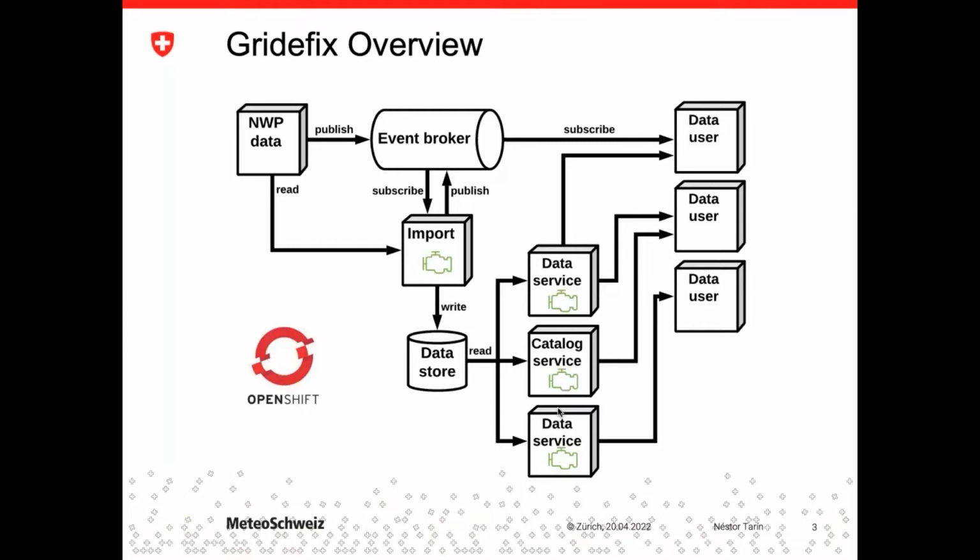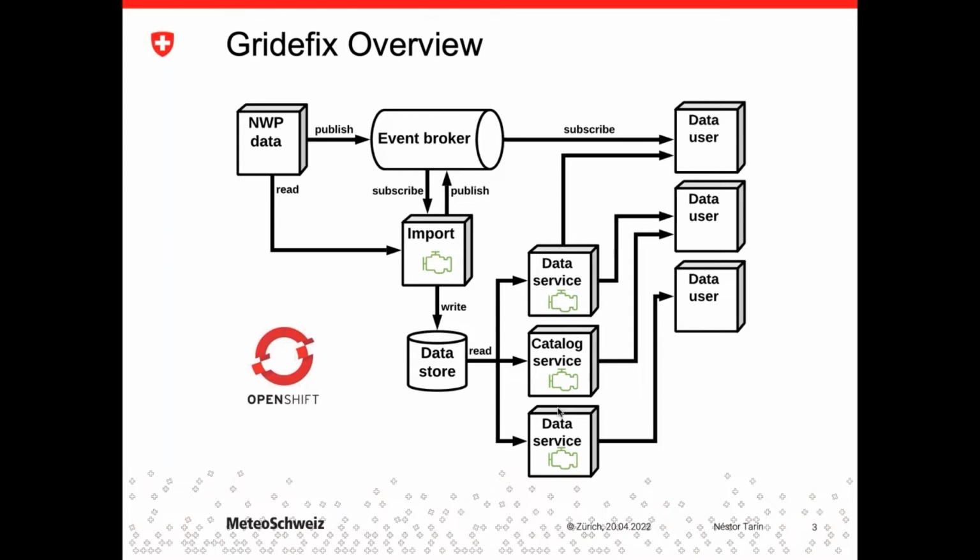This is a big overview of all the components involved in such a journey. We are event-based, so we have a broker that notifies our system in order to import the data. Then we store the chunks in Zarr groups or Zarr arrays.